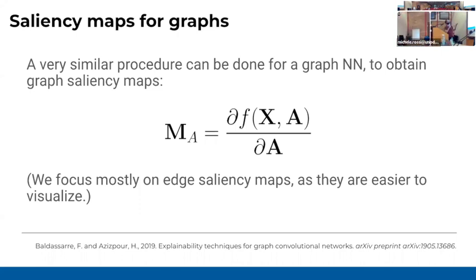And in theory, the strongest connections should be the ones that have the highest impact. So if I take the saliency map and I only take the edges which have the highest activation, and I plot that subgraph, I should be able to get a kind of saliency map for the graph. You can do the same for the input features and get the input saliency map, but I'm focusing on the adjacency saliency map.